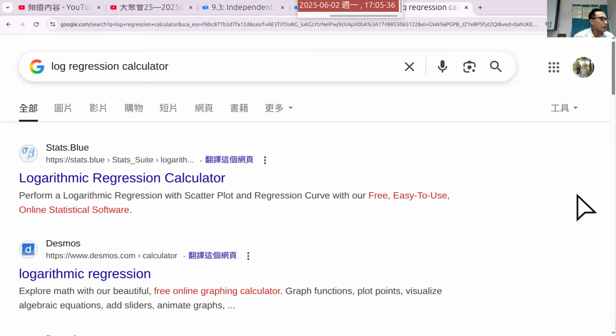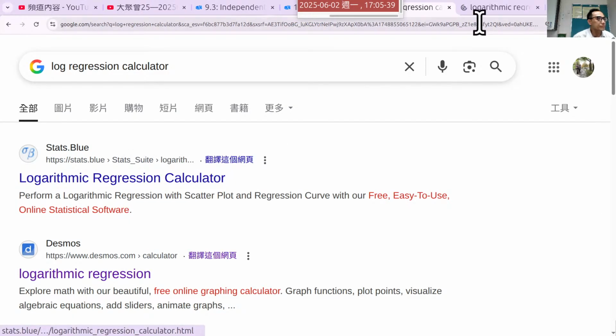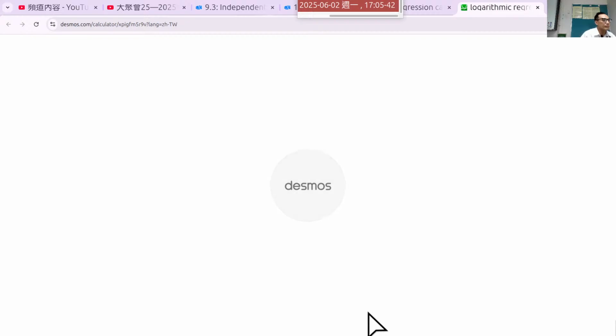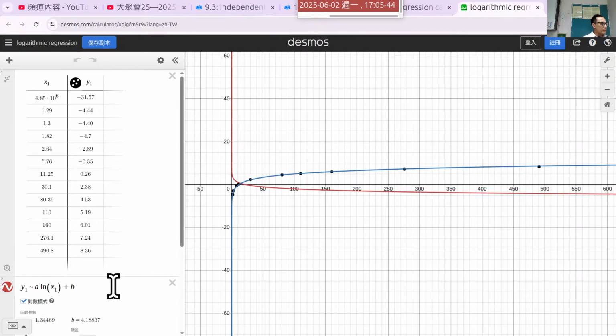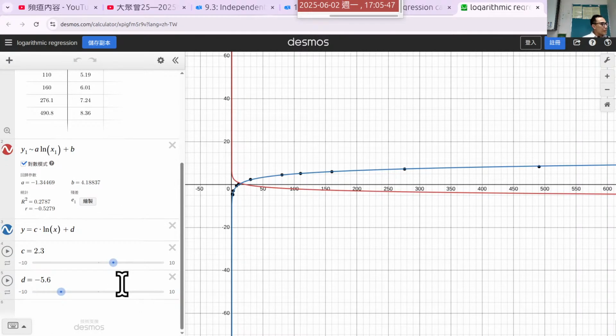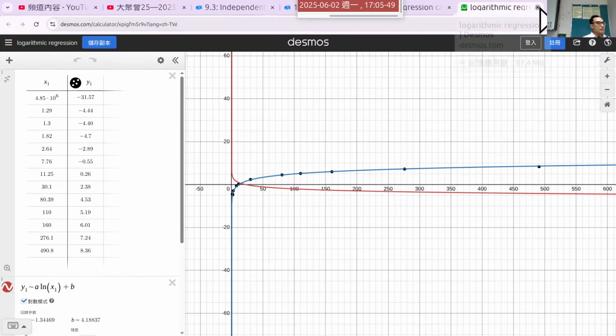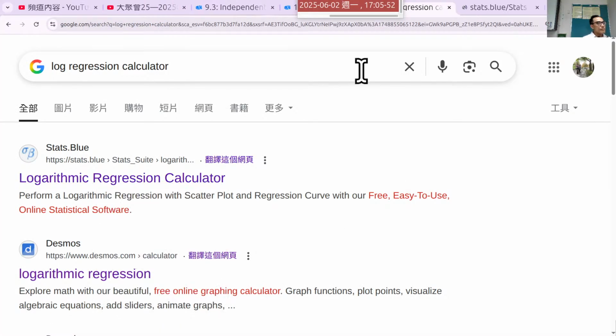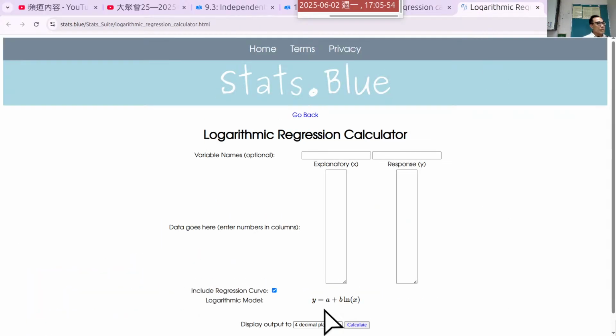Okay, let me show you one possible way. For example, if I have values 2, 4, 8, 16, 32, 64, and 128.